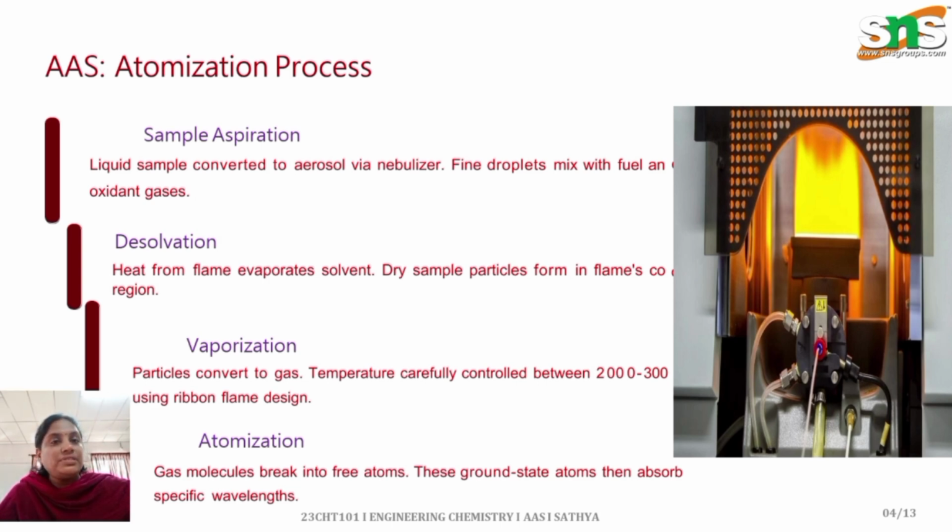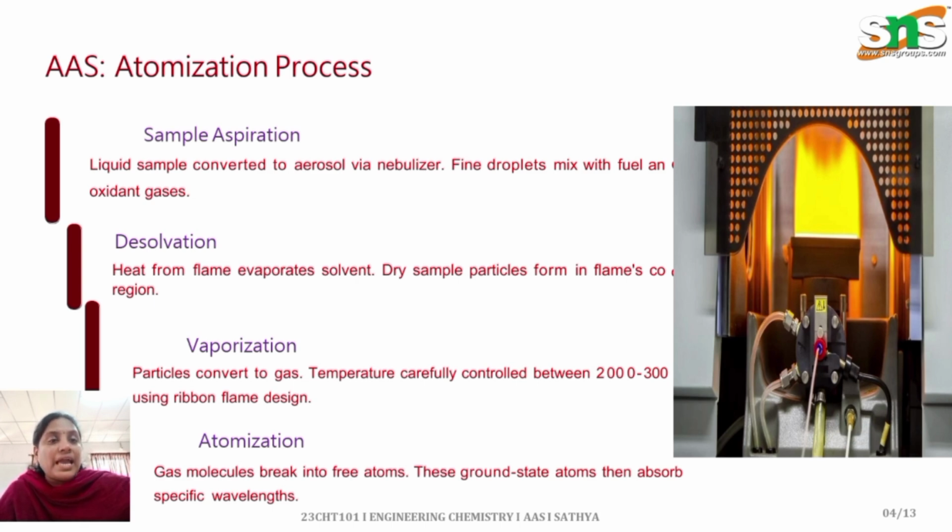The second step is desolvation. Using heat from the flame, the solvent is evaporated from the sample, leaving dry sample particles in the flame. The third one is vaporization. The dry particles are converted into gases.